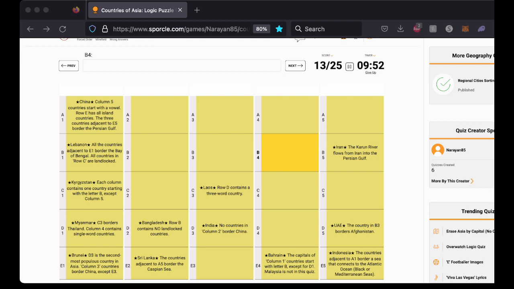I'm trying to think. That would be Russia, which borders the Caspian and is not landlocked. Kazakhstan is landlocked. Azerbaijan is landlocked. So for B4, I'm going to say Russia.